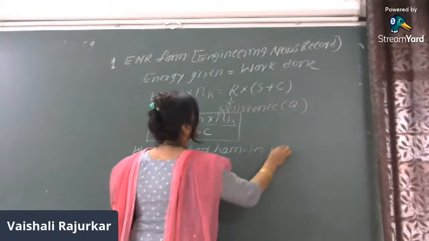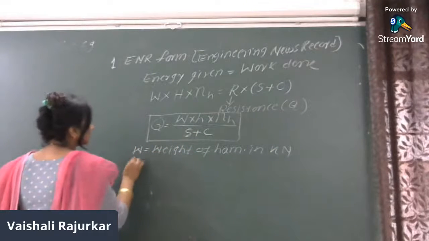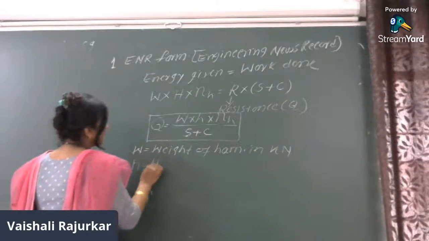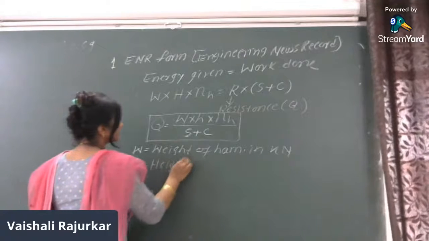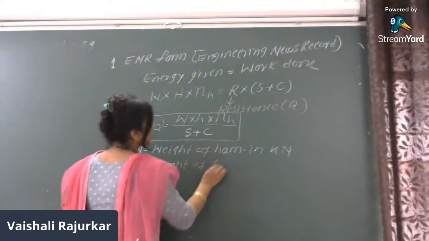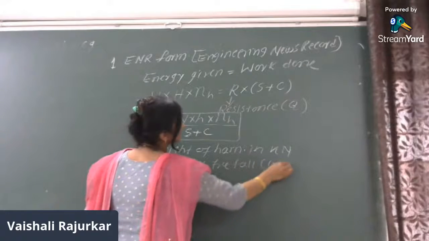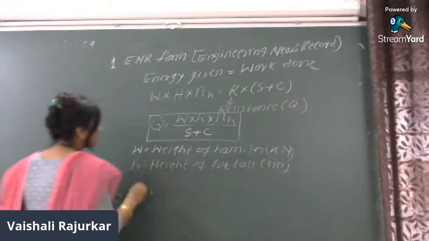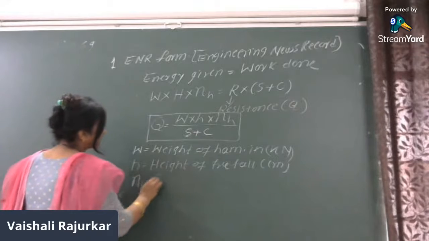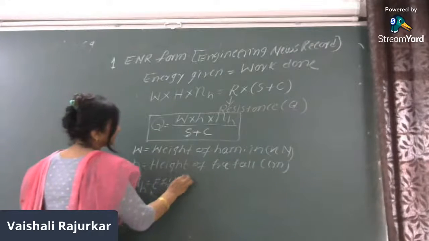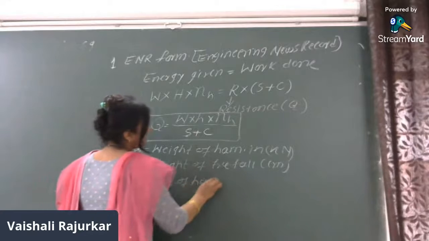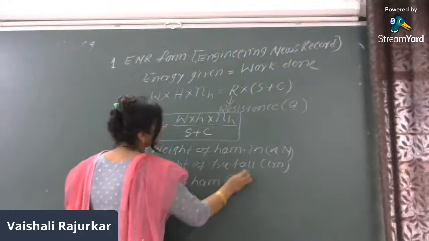In kilonewton. Then H is the height of free fall, in centimeters. Then the efficiency of the hammer, which may be given in percentage.